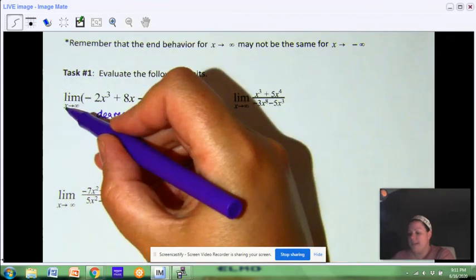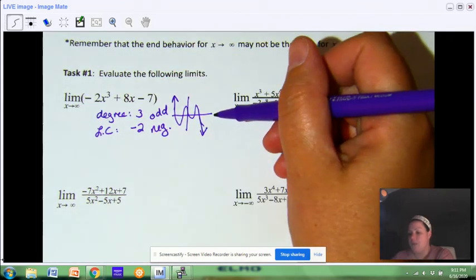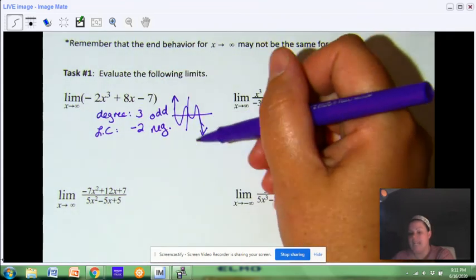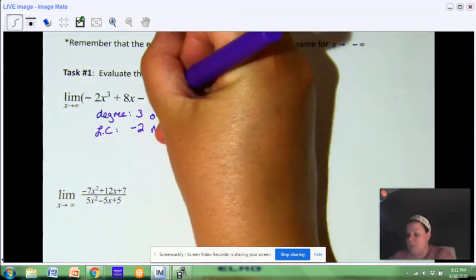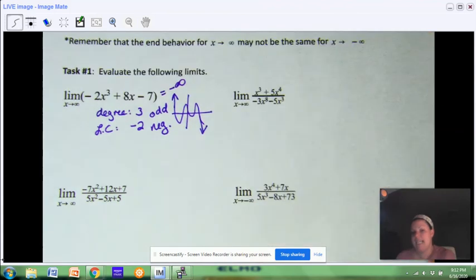So if x is approaching positive infinity, that's talking about the right-hand side, we can see that this is approaching negative infinity. So I'm going to say that this limit is equal to negative infinity. Technically it doesn't exist, but we include a negative infinity in there to describe the fact that it's heading down in our graph.